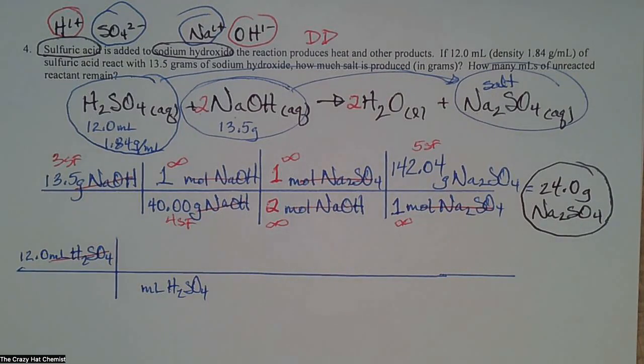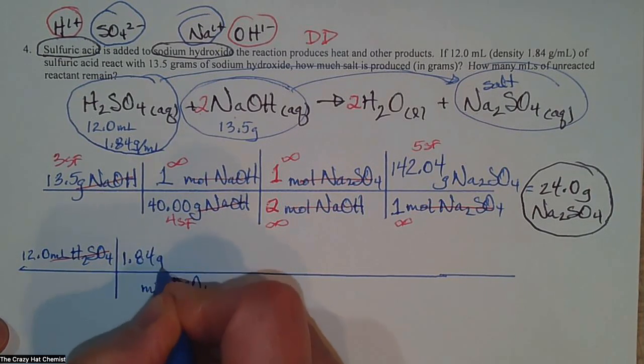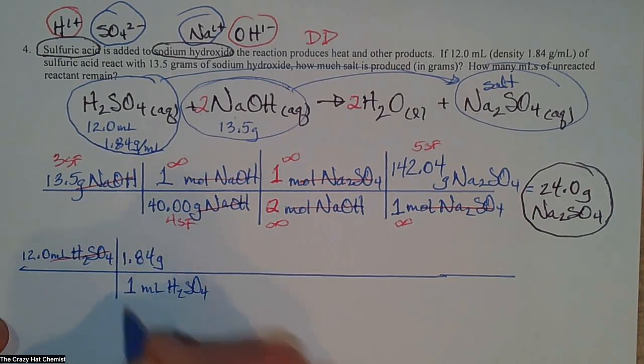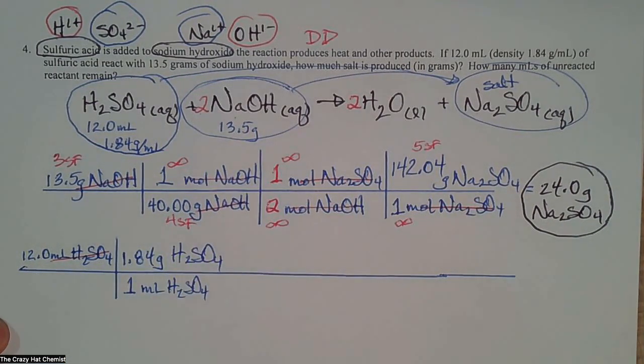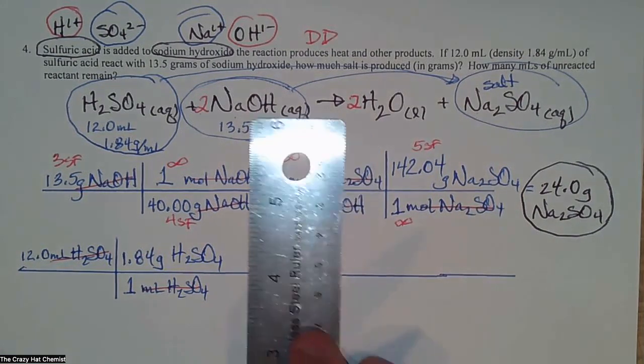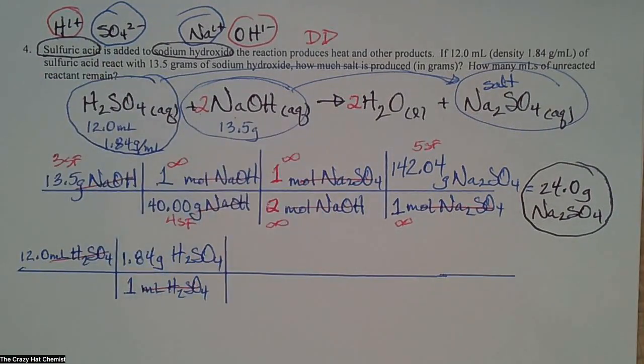That is impossible. But what I do have is a density. I have a density of 1.84 grams per 1 milliliter of H2SO4. That enables me to cancel out the mils of H2SO4. Now I should be relatively home free conceptually.